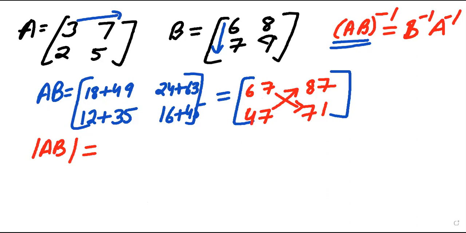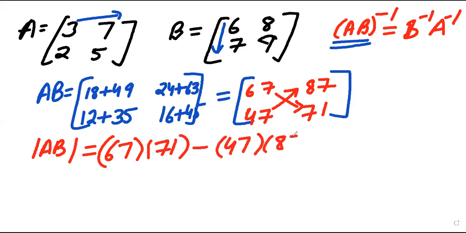Astha. Yes, Astha, tell me. No doubt. Okay, you have raised hand, that's why I was thinking. So here it is this into this minus this into this. So 67 into 71 minus 47 into 87.